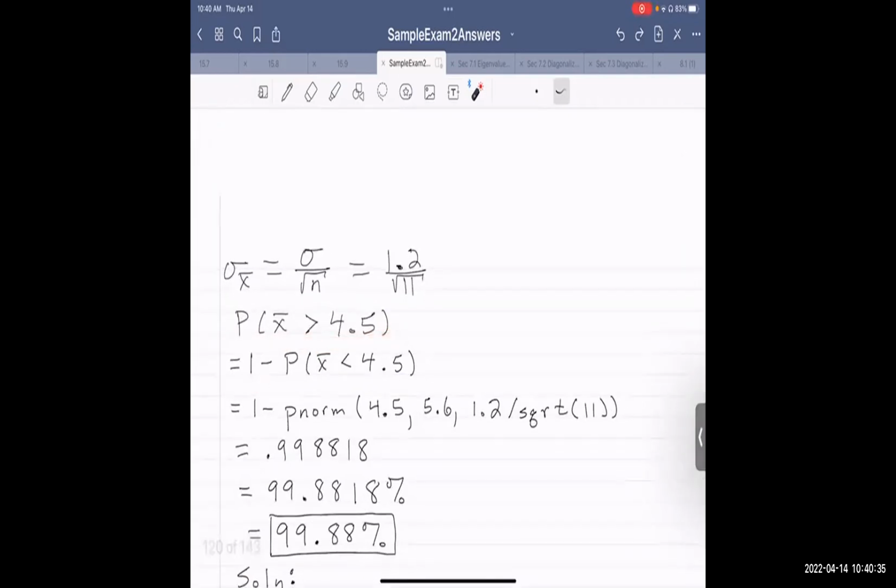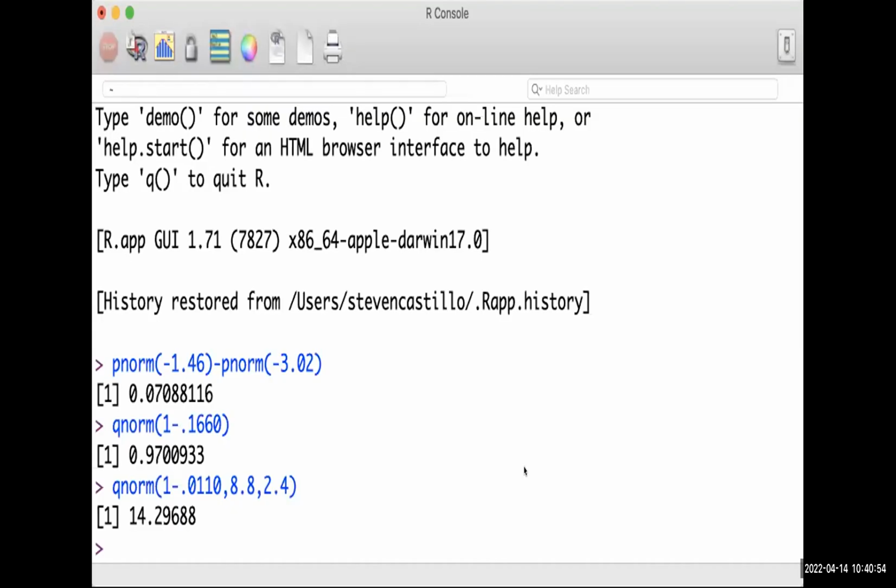I'll look at the complementary event: 1 minus the probability that X bar is less than 4.5. And so I'll type in the command 1 minus pnorm. I want to get rid of everything less than 4.5. The mean is 5.6 and the standard deviation is 1.2 divided by the square root of 11.